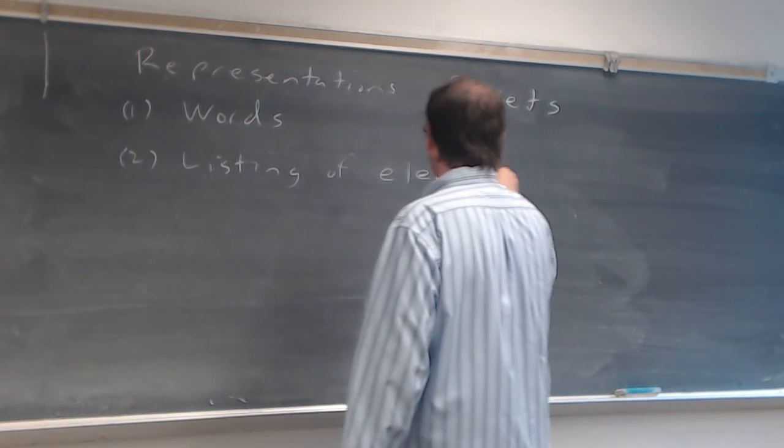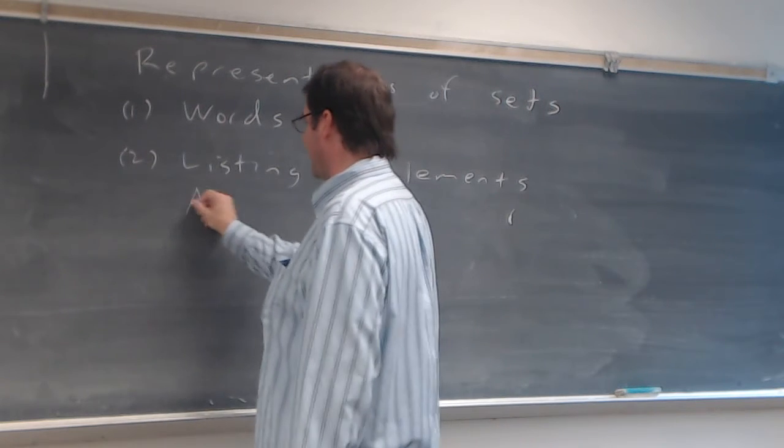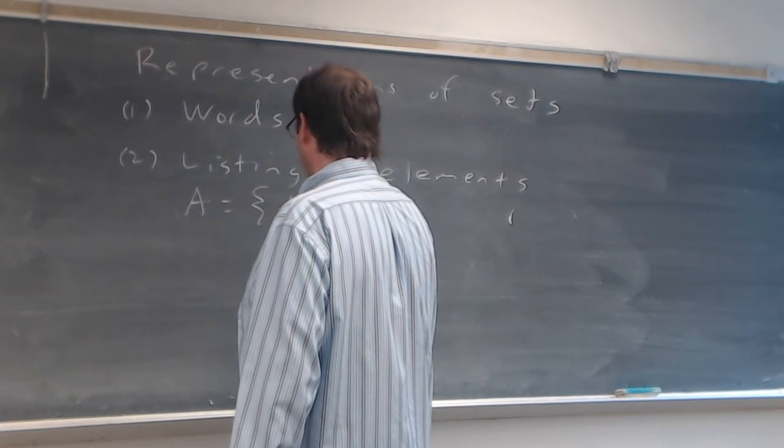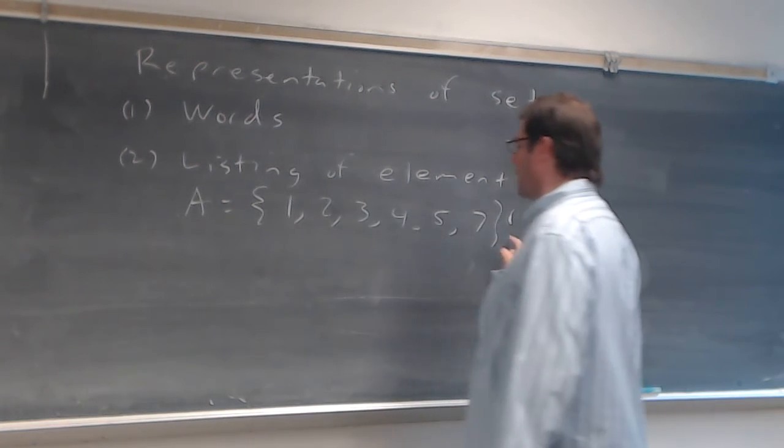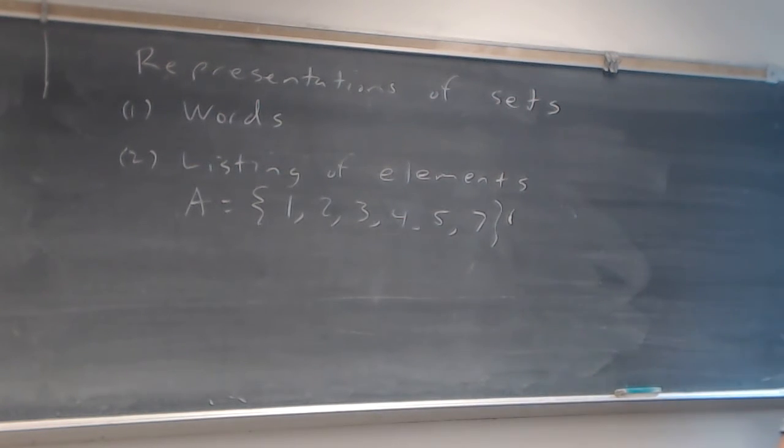We saw that as well. As an example, the A that I had just a second ago, including the numbers 1, 2, 3, 4, 5, 7. What we're doing here representing A is actually listing out the objects in A, the elements in A.